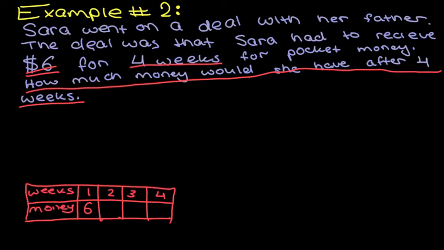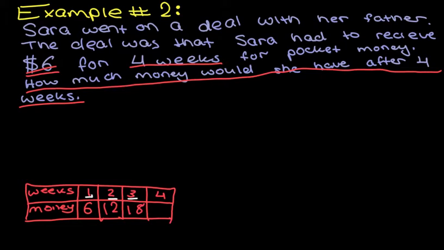By the end of the second week, she would have $12 because 6 times 2 is 12. By the end of the third week, she would have $18 because 6 times 3 is 18.